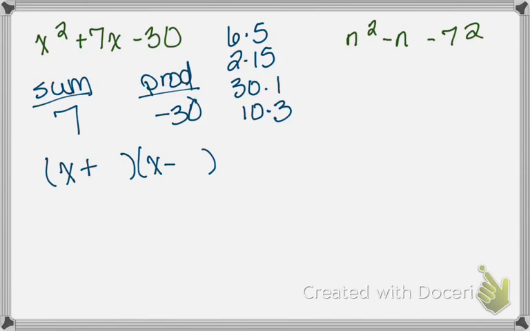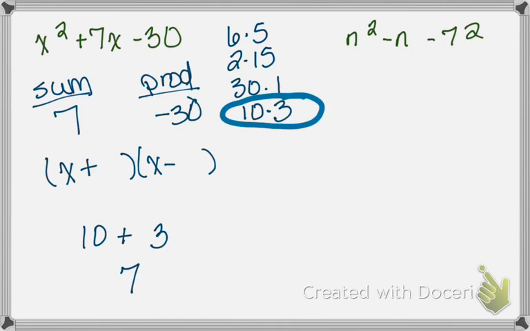You've got to be able to list factors. Now what I'm looking for is two numbers whose difference is 7. So what two numbers do I have up there? 10 and 3. Now, when I add 10 and 3 together, I have to get +7.